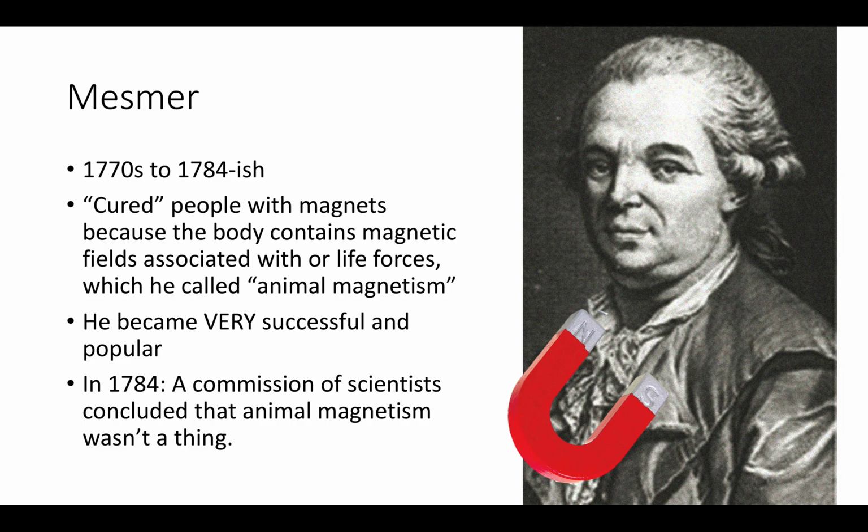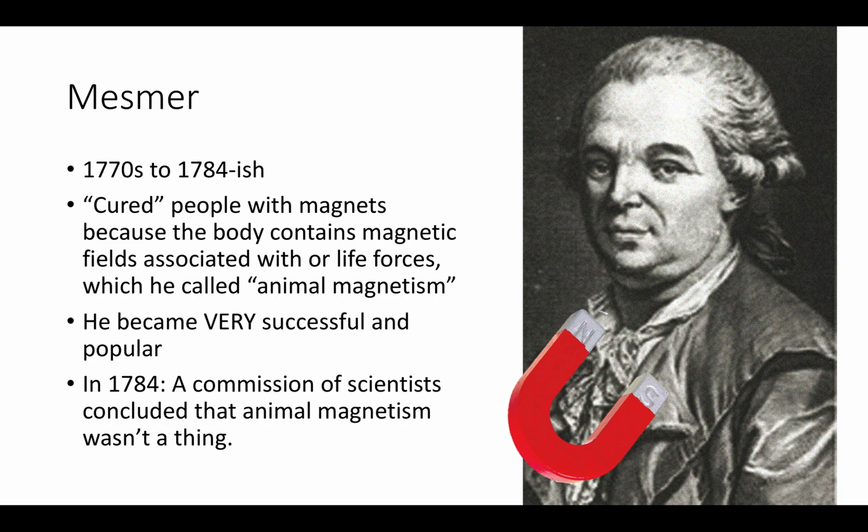So Mesmer pioneered this movement of using magnets to cure people. It was called animal magnetism, which sounds funny to me and maybe to you. Animal magnetism, though, was a very common word that just meant the electrical magnetic forces that underlie living organisms.